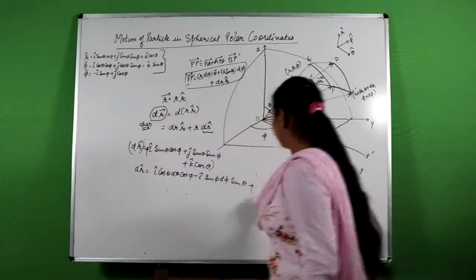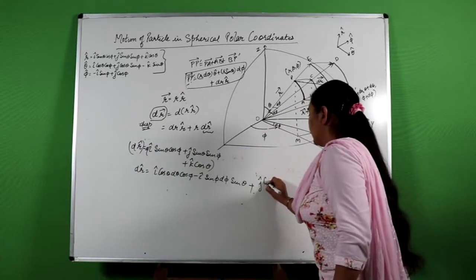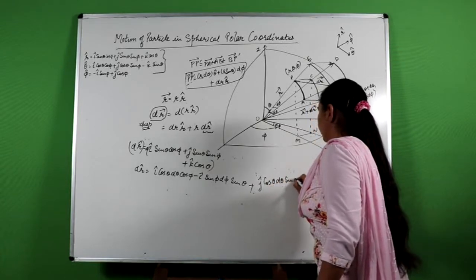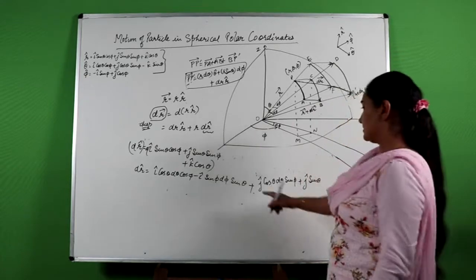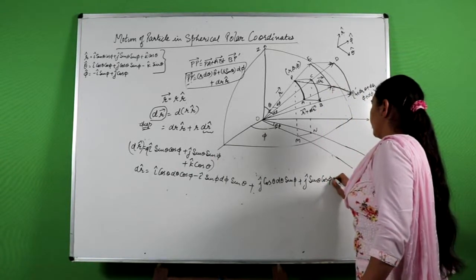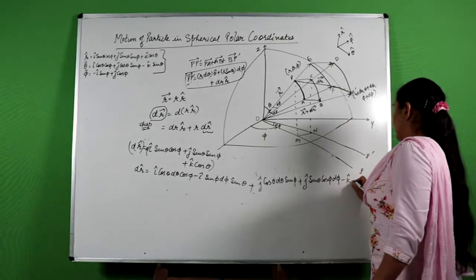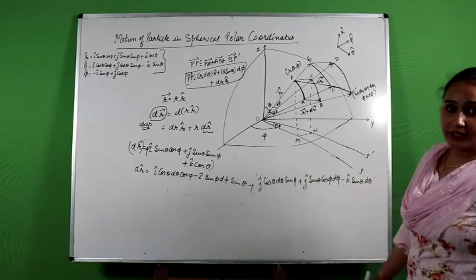You will get j cap differentiation of sin theta, that is cos theta d theta sin phi, plus j cap sin theta as such differentiation of sin phi, that is cos phi d phi, minus k cap sin theta d theta.